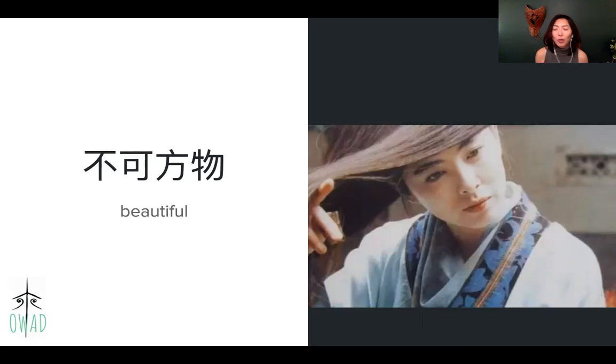There are a ton of closures contemporarily, but back then they were things you hang on your body and secure in their ancient ways. This is a decorative collar. I'm not going into details, but this is a representation of how beautiful girls are in the eyes of literary men, that they have to say, oh, it's 不可方物. It's beyond words. I cannot compare you with anything else.